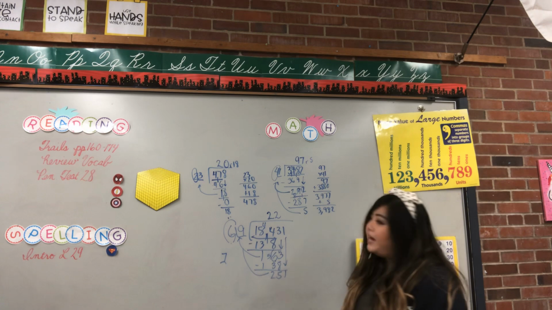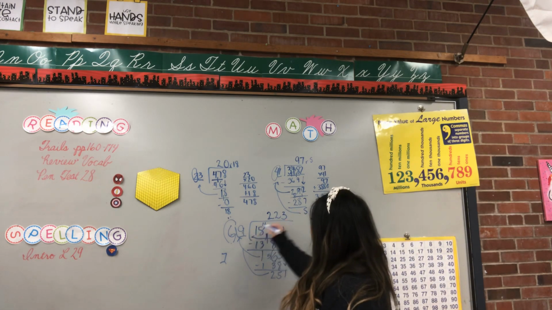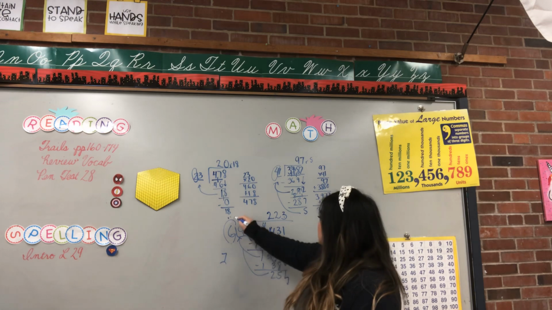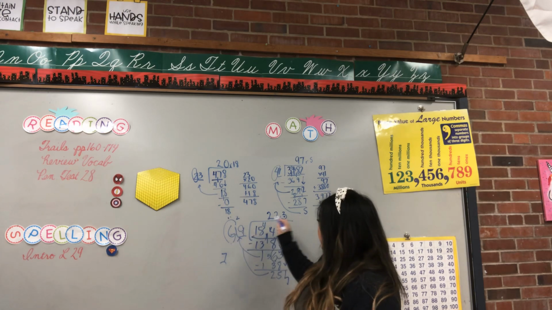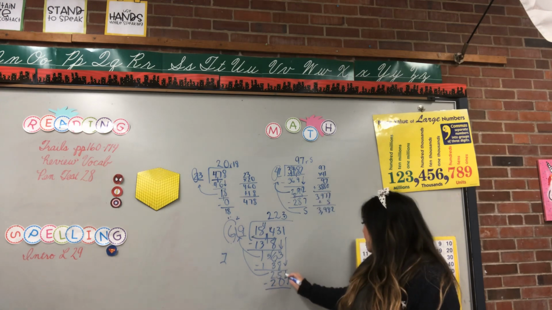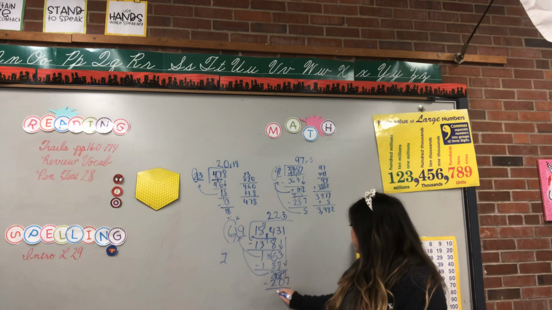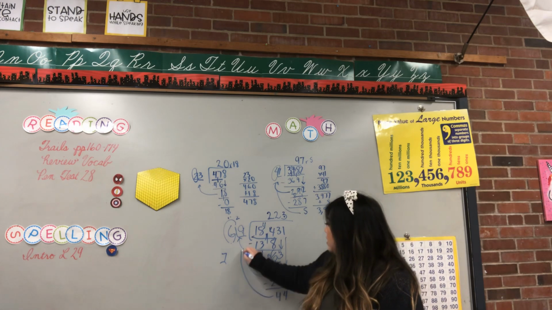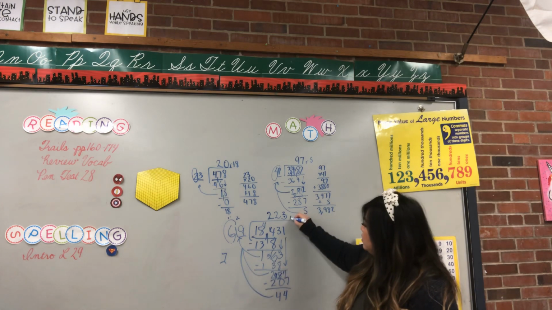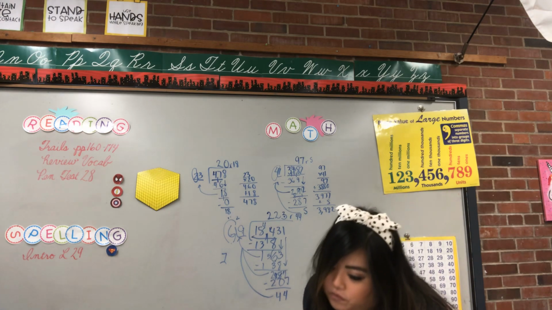7 goes into 25 how many times? 3. 9 times 3 is 27. Carry the 2. 6 times 3 is 18, plus 2 is 20. You're going to subtract. 11 minus 7 is 4, and 4 minus 0 is 4. Is 44 less than 69? It is. 223 remainder 44.